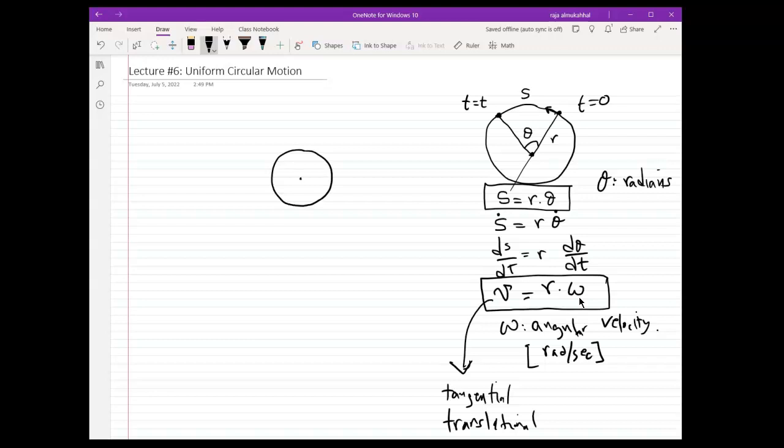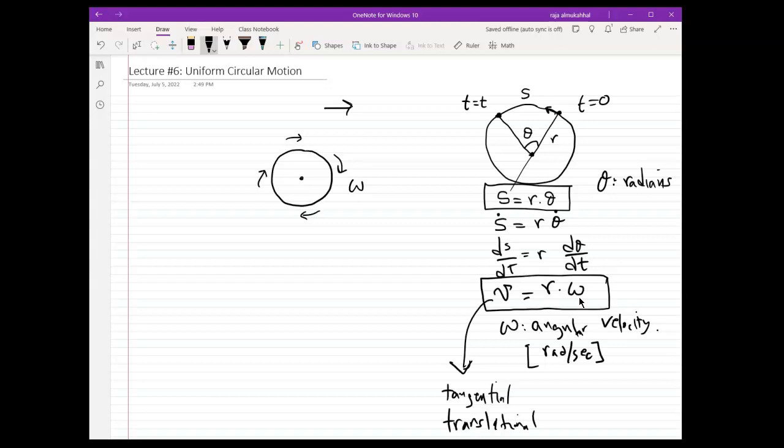The car is moving in this direction, so the wheel is spinning in this direction. The four wheels. That spin is basically omega. Omega is the angular velocity, the velocity in a rotational way, all right?